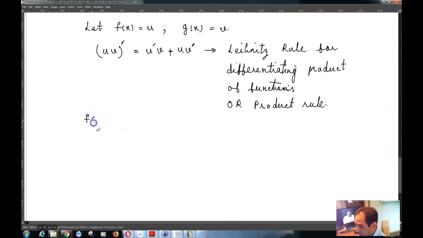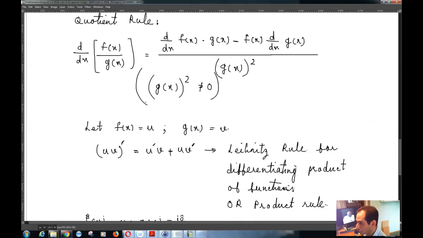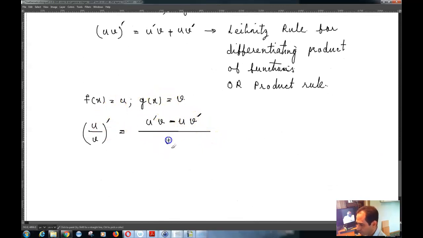If I take f of x as u and g of x as v, then u divided by v the whole prime is equal to u prime times v minus u times v prime, so that's the derivative of the first function times the second function minus the first function times the derivative of the second function, over g of x whole squared, which is v squared.